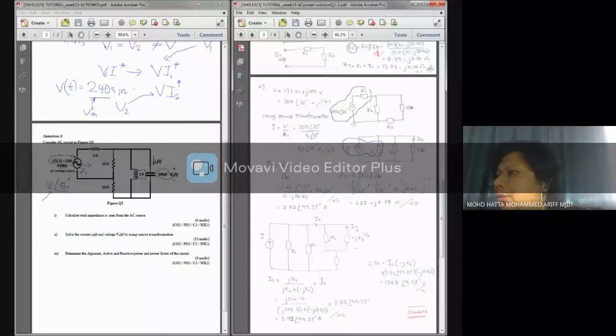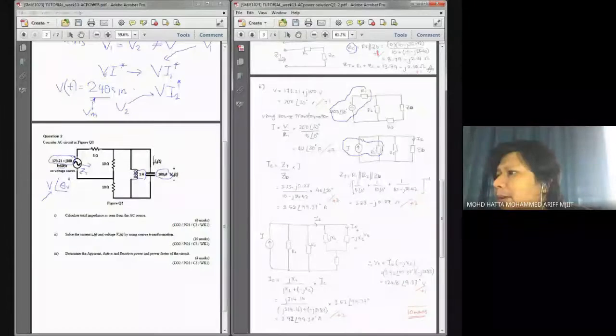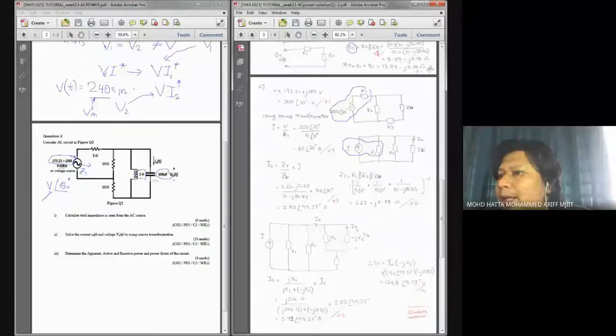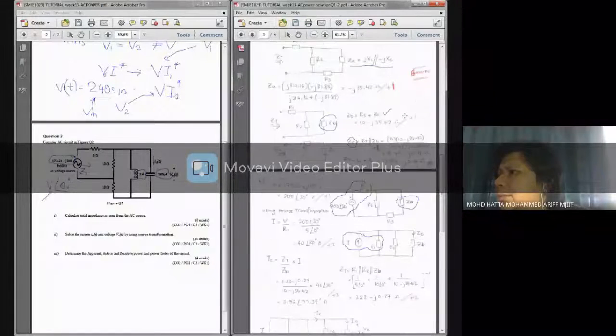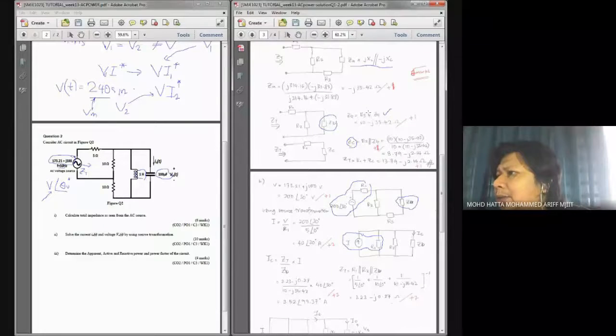But before we get into that, you need to also consider that these two, XL and XC, should be combined first, okay? And this is basically ZA seen from the one that I have over here, which is negative 35.42.